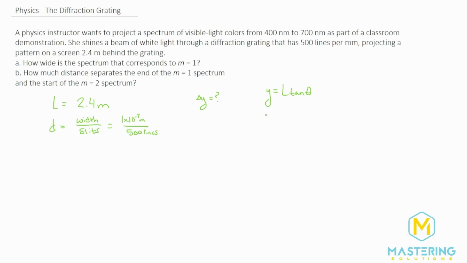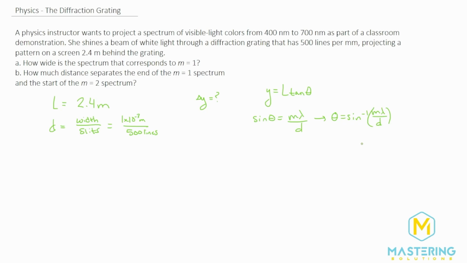And so to find theta, we have to use that equation. And it's given to us as sine of theta is equal to m lambda over d. But it's not solved for theta, so let's do that by taking the inverse sine of both sides. So we have theta is equal to the inverse sine of m lambda over d.